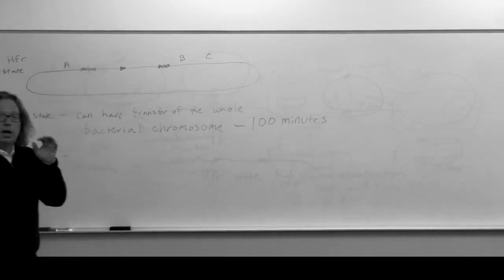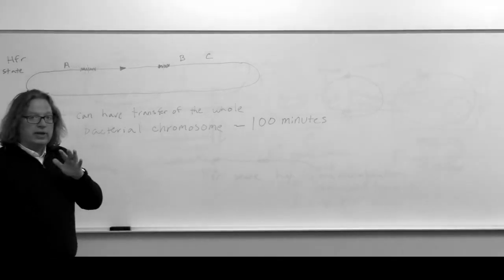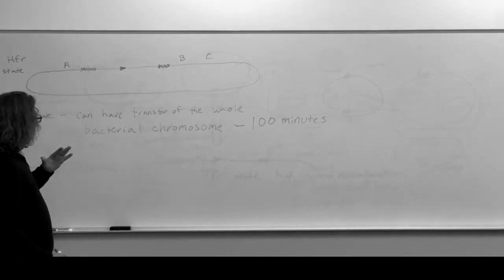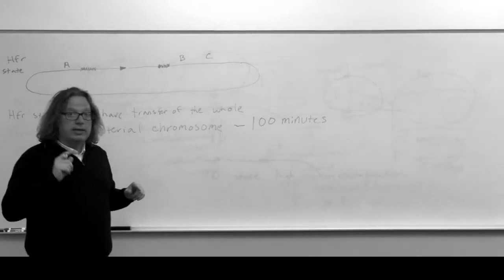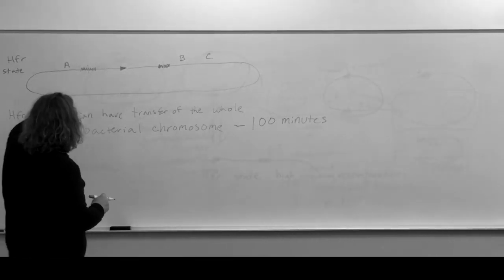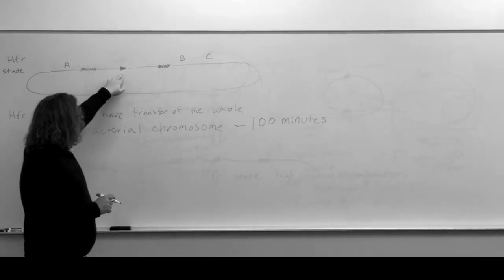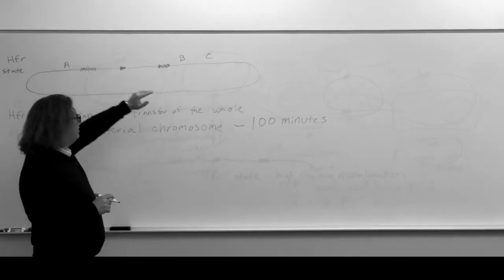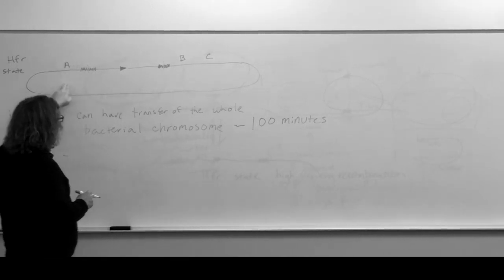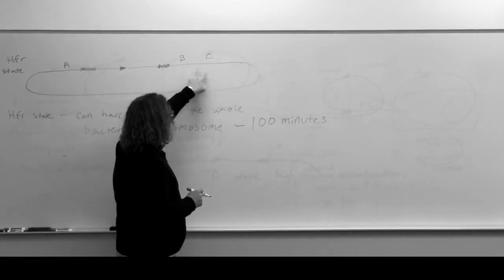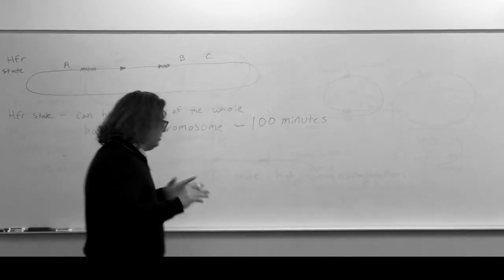And the timing of transfer varies considerably depending upon where a gene is within the bacterial chromosome. So here, A is transferred first because the arrow point starts transfer and everything else follows. So A is transferred first, then C and B about 100 minutes later.